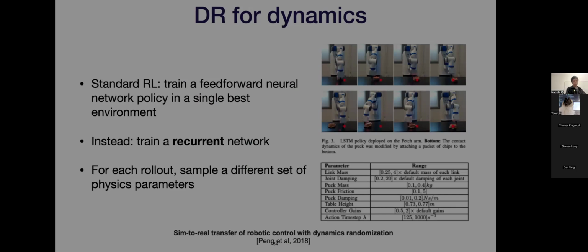The resolution is a little bit low, but essentially the robot's mass, the mass of the robot links, and also different controller parameters such as joint damping, or the mass and friction of the objects. All of them are randomized in simulation training. And when you deploy in the real world, you can imagine the environment has already been seen as a combination of all these randomized parameters.